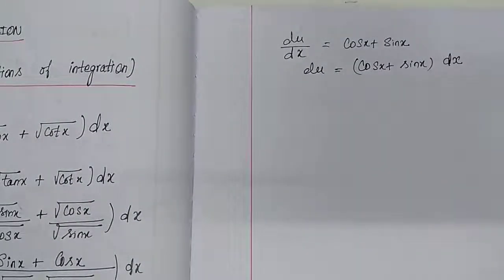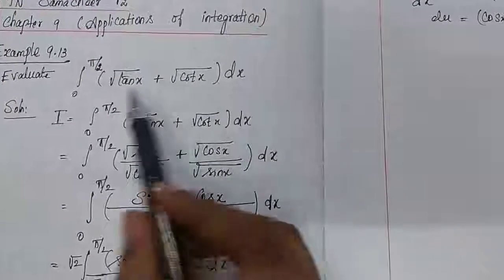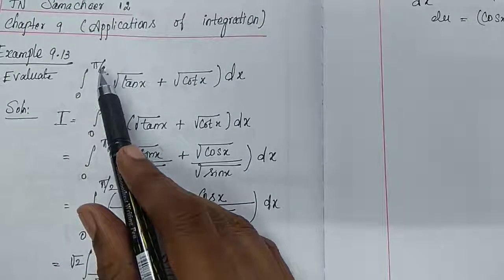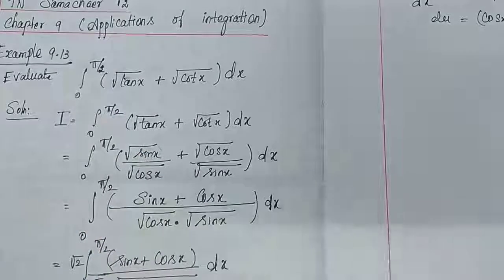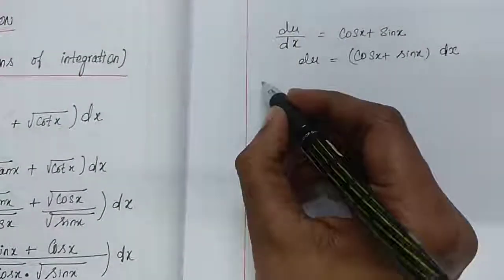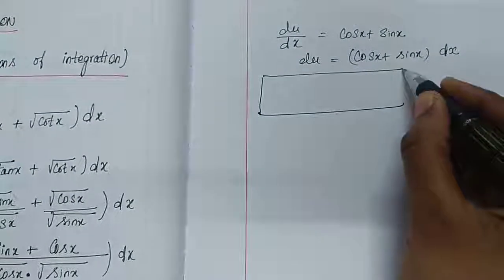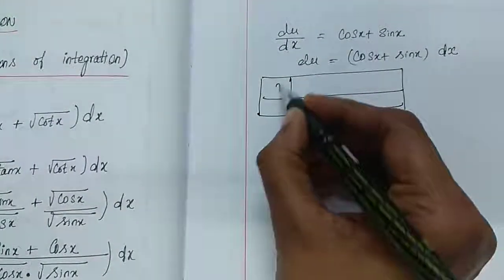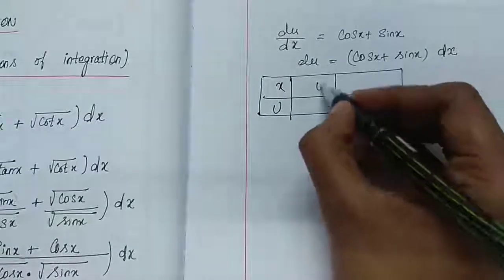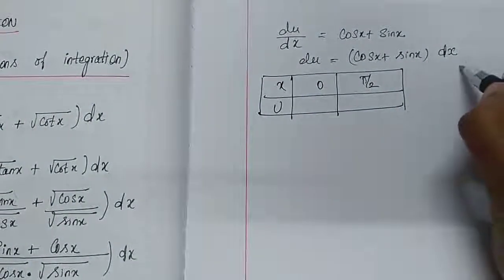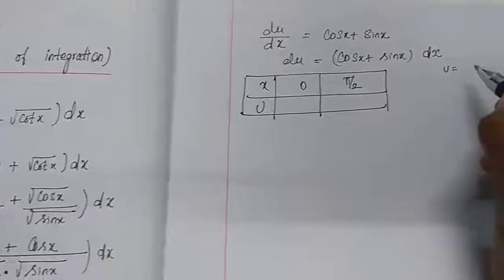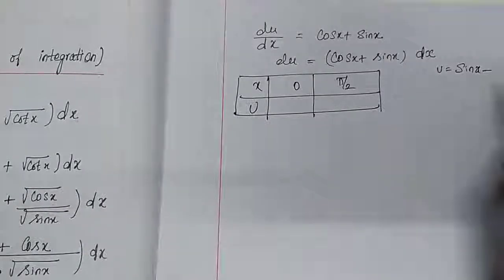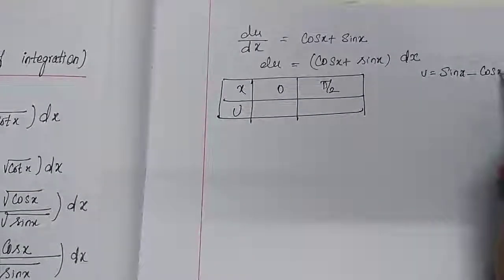Now change the limits. The given limit is for the variable x, 0 to pi by 2. Now convert this limit to the variable u. So form the table: x, and here u, where our x limit is 0 to pi by 2, and u is equal to sin x minus cos x.